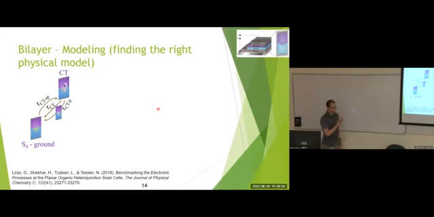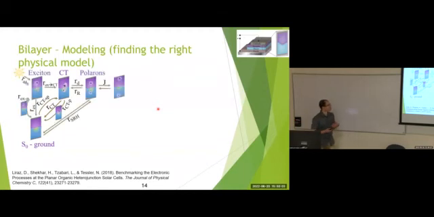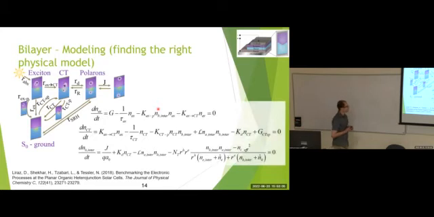So one rule of thumb we had when we modeled was self-consistency, and the other one was to keep things simple. And therefore, we use a model of rate equations instead of a model of differential equations. And also to keep it simple, we put a lot of effort into finding the minimal set of processes that can reproduce the behavior of the device.